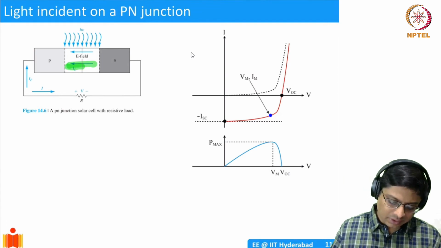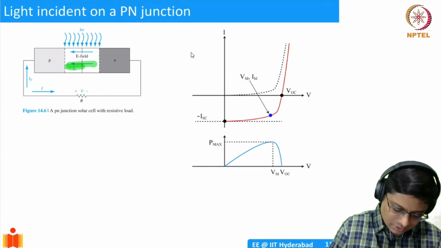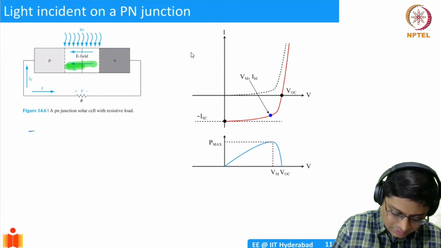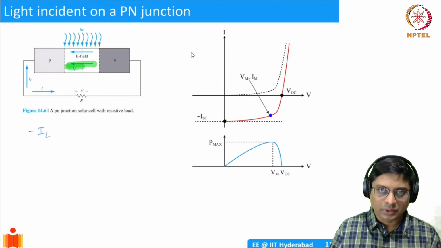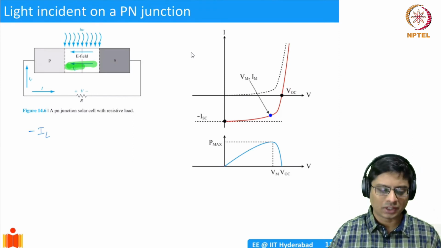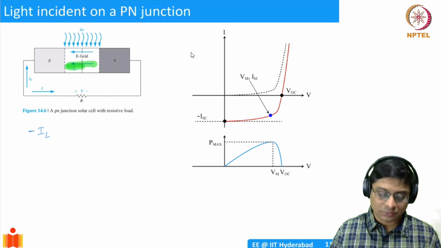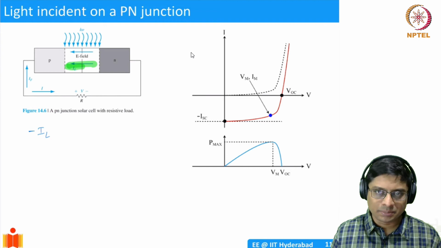First of all, there is a current which is flowing in the negative direction. I'll call it minus IL. That leads to a bias across the voltage. I'll call it V, and that is applied across the junction. It's forward biasing the PN junction.